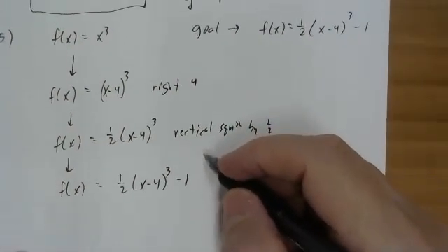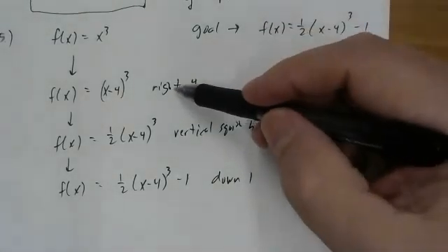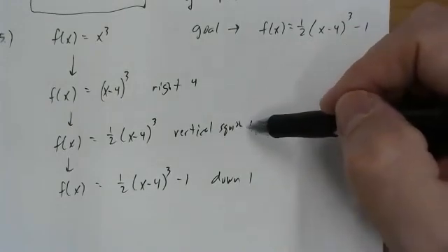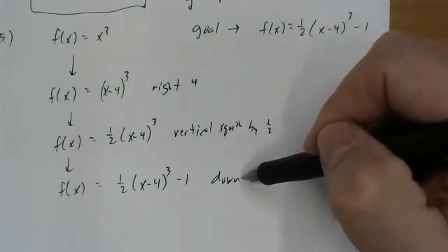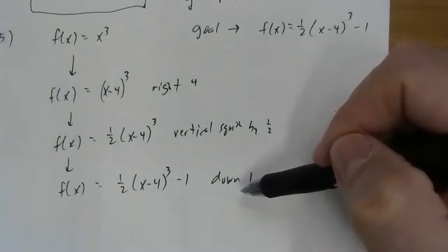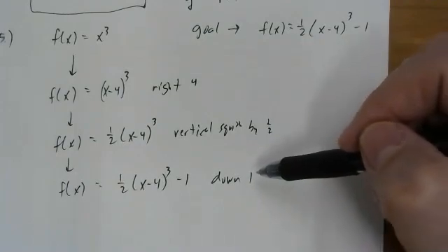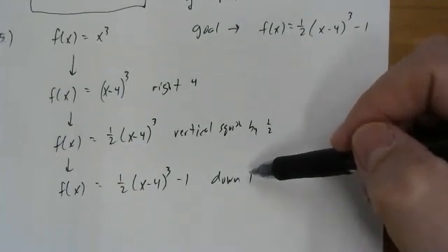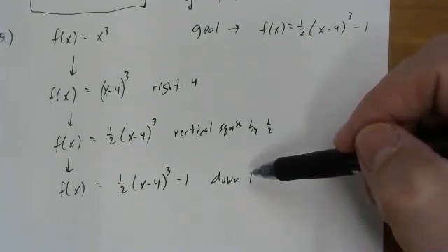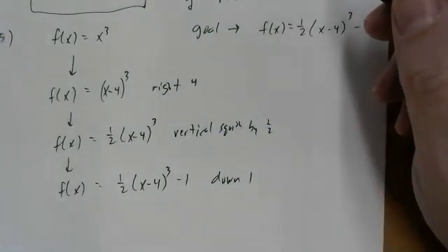So the effect of this is, you move it right by 4, you vertical squish it by half, and then you move down 1. And I think that should be right: shift right 4, vertical squish by half, shift down 1, yep. All right, so those are our transformations.